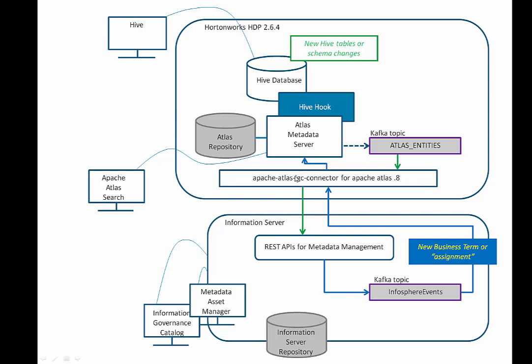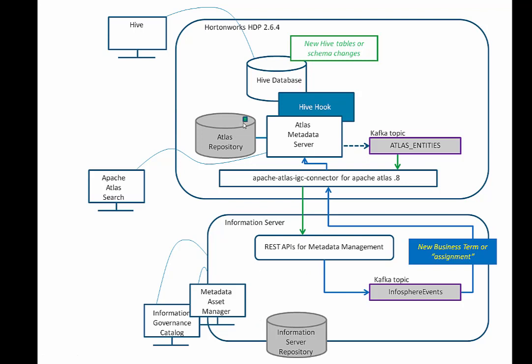The Apache Atlas IGC connector, which is ultimately what we're showing here, is basically consuming messages from that topic, and when one arrives that needs to be focused on Information Server, it can follow these green arrows, and immediately that metadata is going to be populated within Information Server and will appear in the repository.